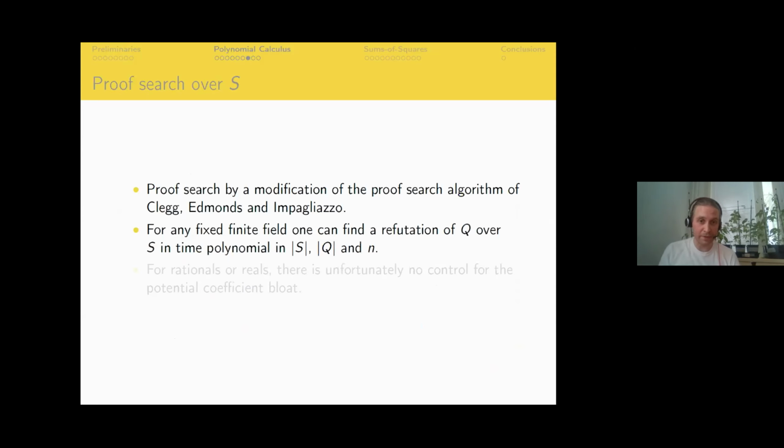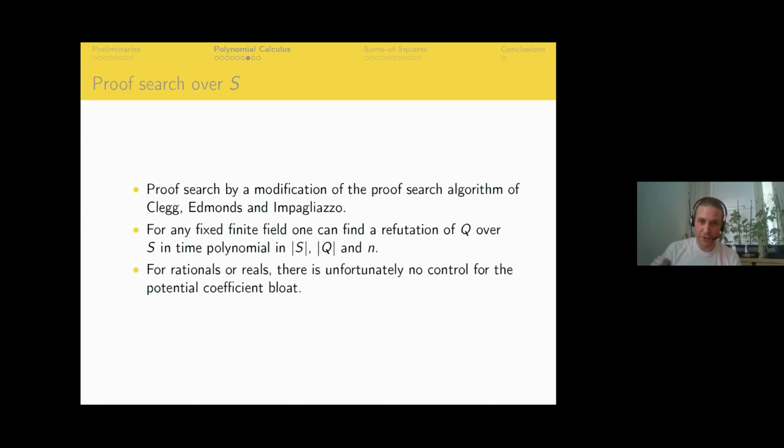So for any fixed finite field, one can find the refutation of some set Q over some set S of monomials in time polynomial in the size of the set of monomials, the size of the given axioms and the number of variables.